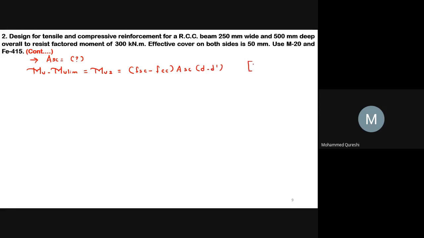This equation is given in IS 456-2000, page number 96, clause G 1.2.